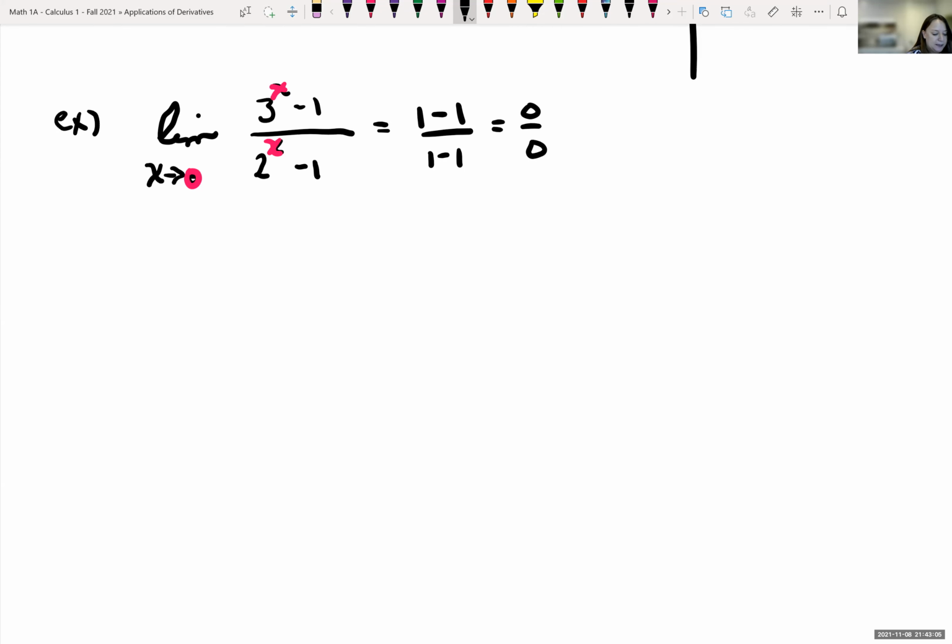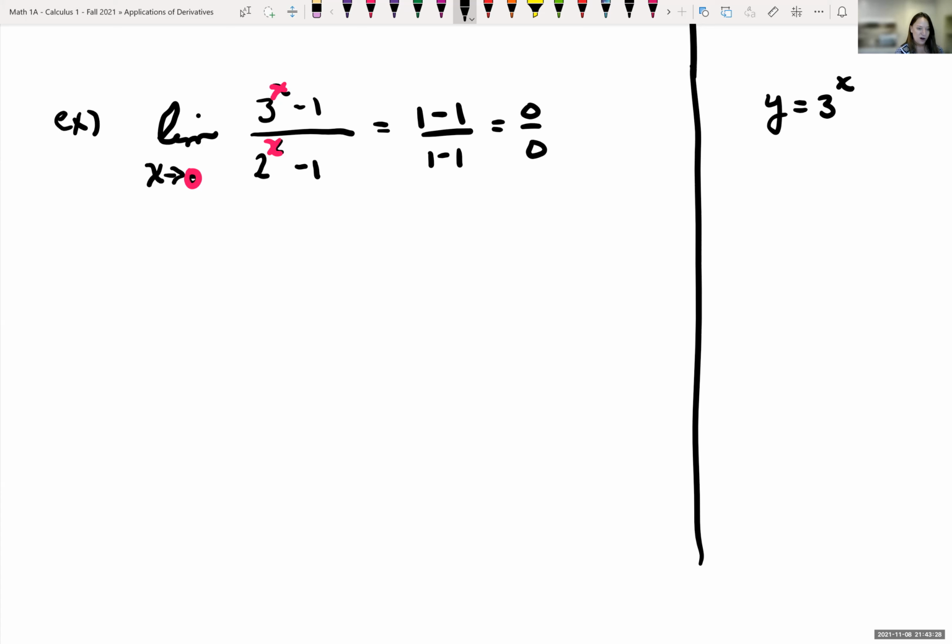Okay. Let's say you forgot how to do that. Let's use logarithmic differentiation. So we know how to take the derivative of natural log. We know how to take the derivative of e raised to the x power. It's just when that base is not e.